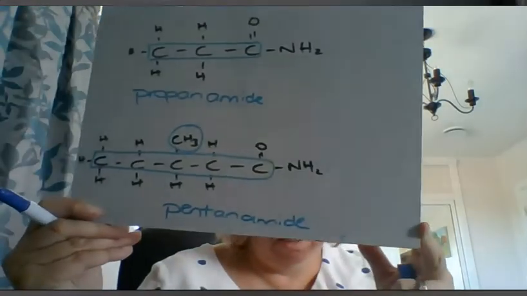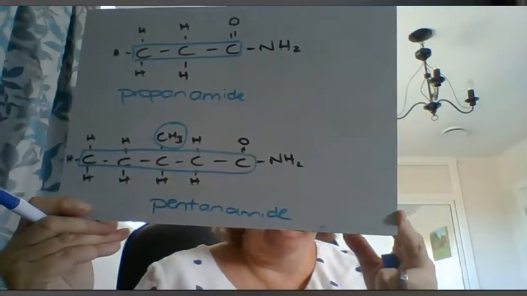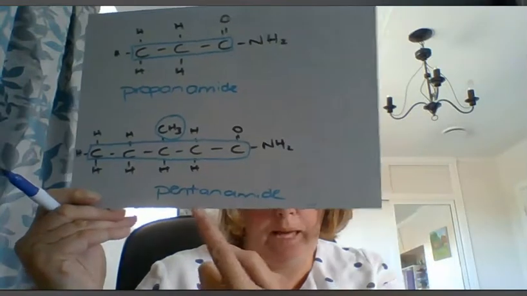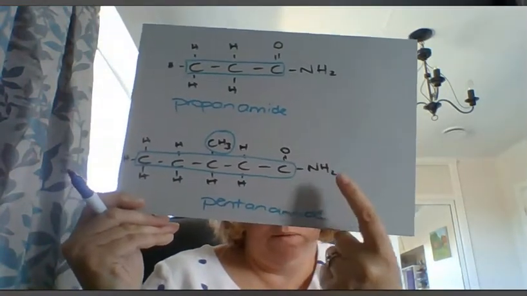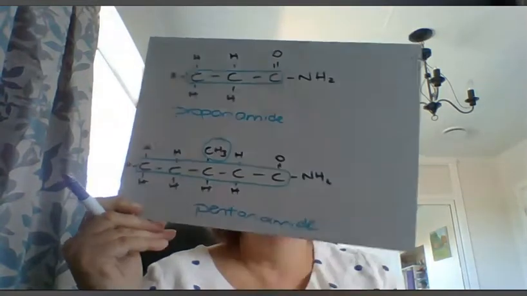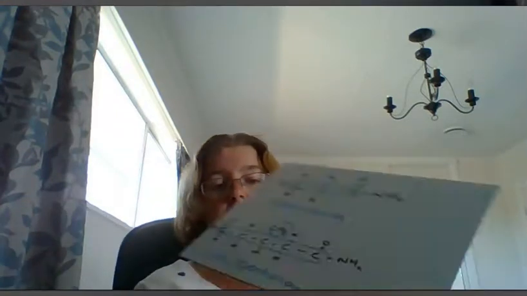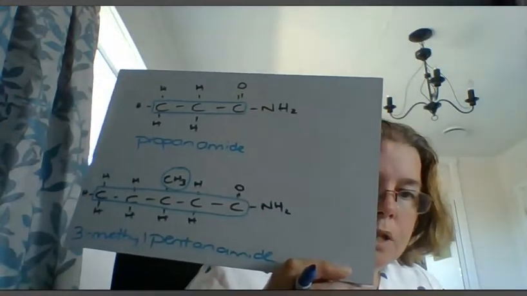So we need to count how many carbons along we are, starting from the carbonyl carbon. This one here. 1, 2, 3. Okay. 3-methylpentanamide. And that is how we name our amides. Very straightforward, nothing different to what you've come across before.